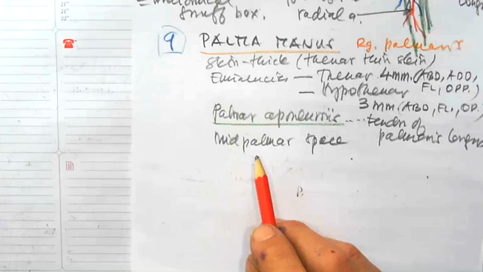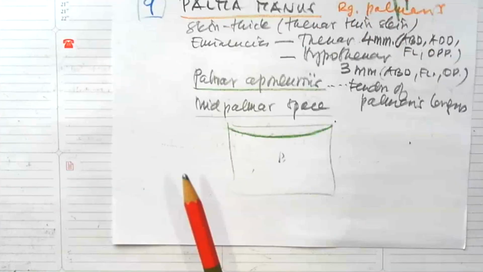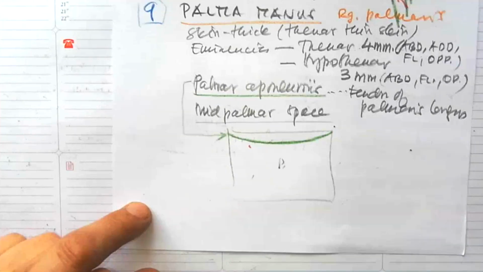I try to simplify, just like a block drawing. First of all, we are looking at the hand like that. Here is the palmar aponeurosis, the first one. Then follows the arcus palmaris superficialis, simply the superficial palmar arch.